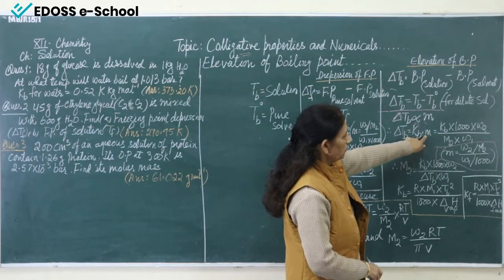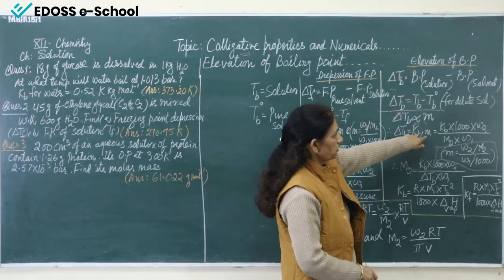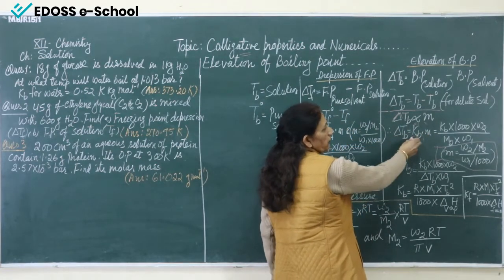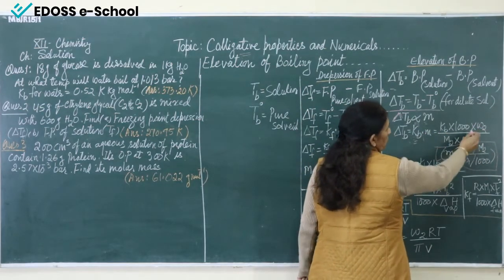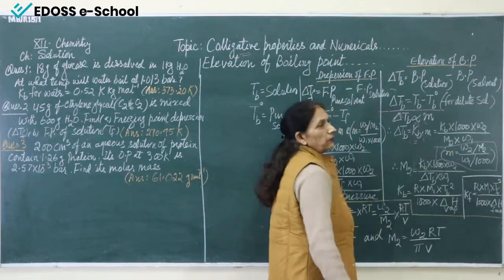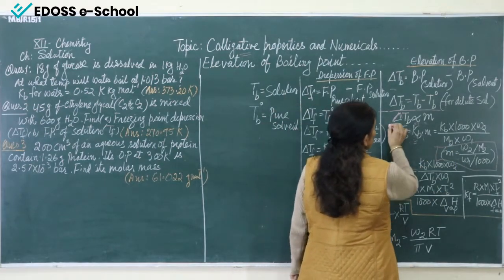Now if we put this formula in the equation, delta Tb will be equal to Kb multiplied by 1000 into W2 upon M2 into W1. So this is the formula.